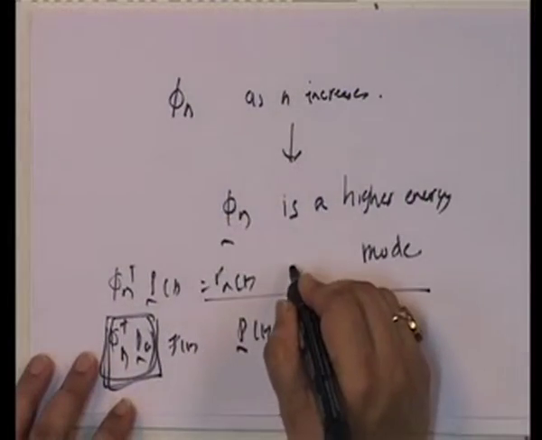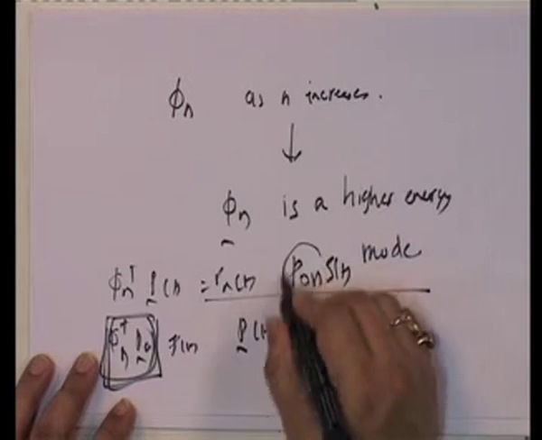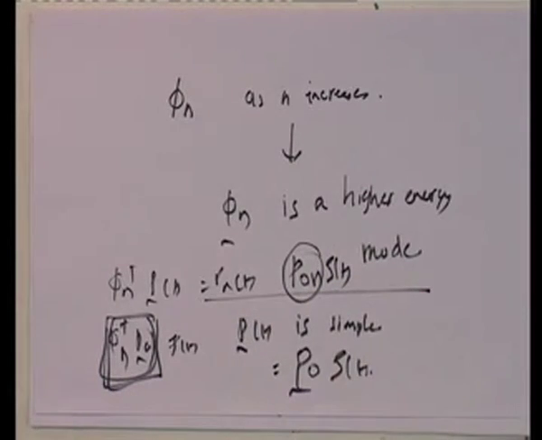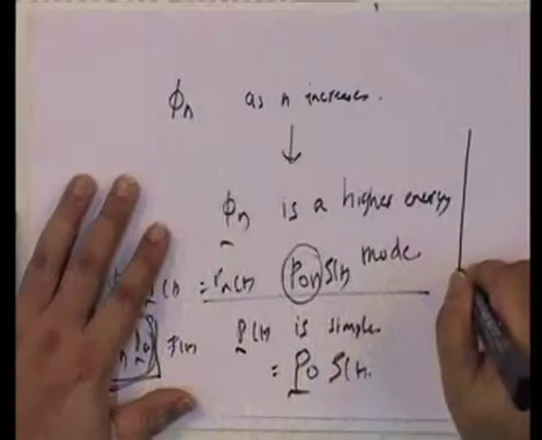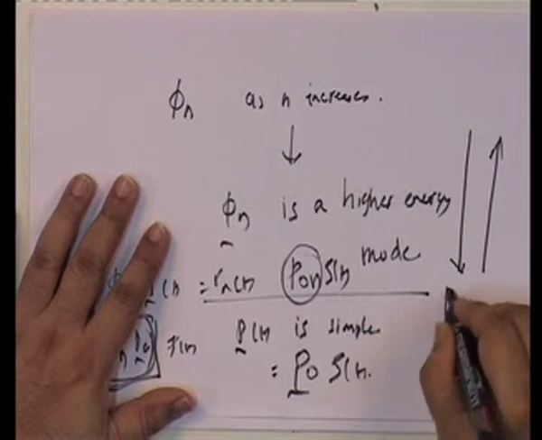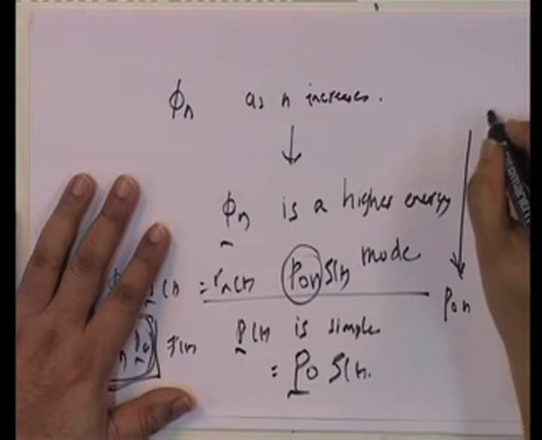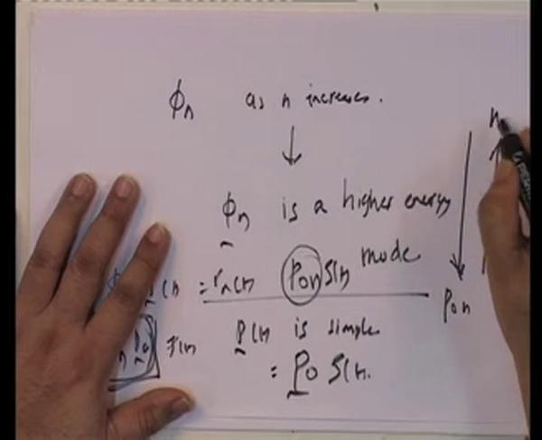And this value, P0 n, the amplitude of the load in the nth mode, actually goes down as you increase n. So, P naught n decreases as you increase n.